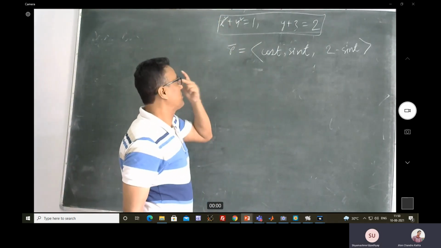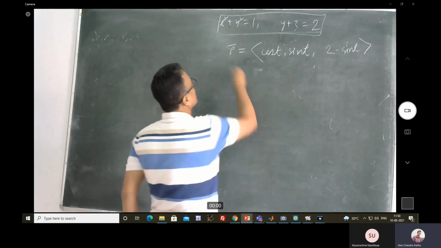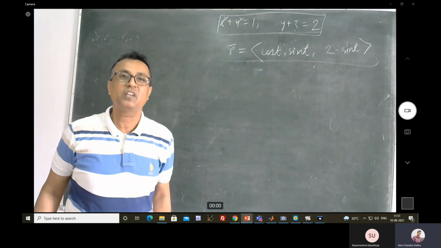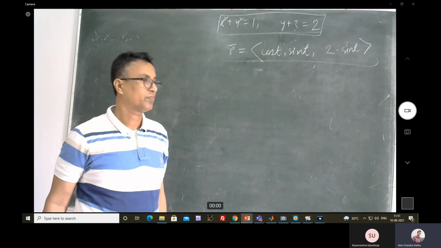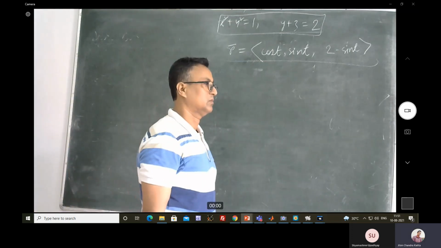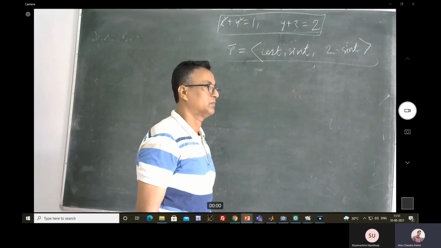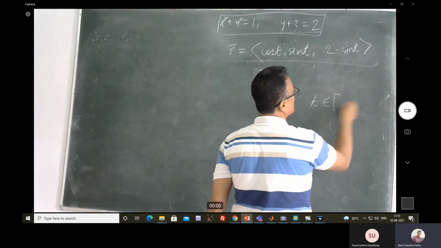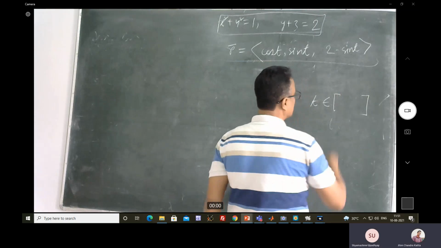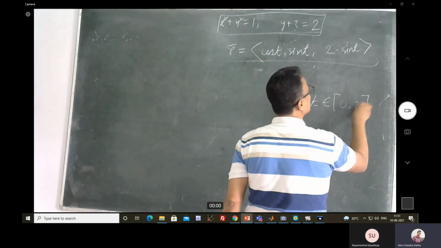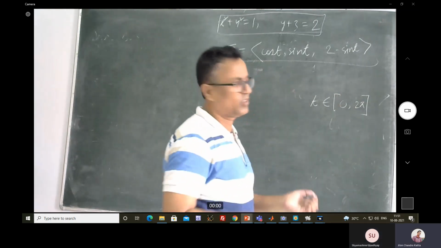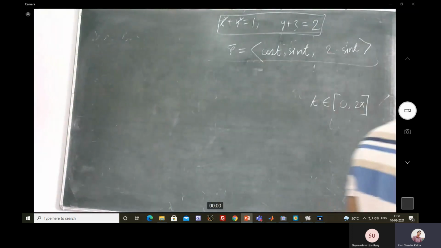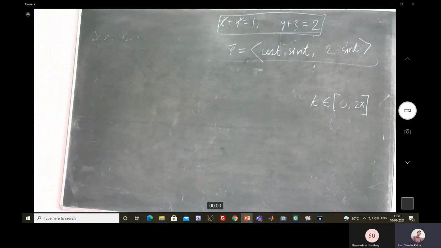I have introduced the parameter t, and I told you that it can be parameterized by this. But still, some information is missing. I still haven't told anything about where t belongs to. So I can take it as any interval, say 0 to 2 pi, 0 to 4 pi, even say pi by 4 to pi, whatever you want to say.